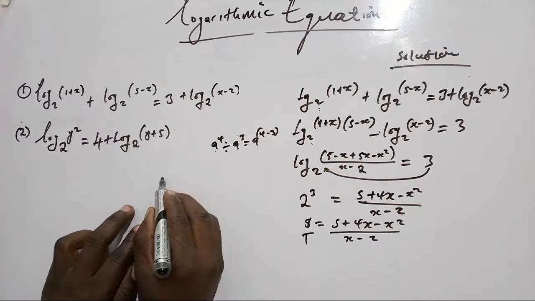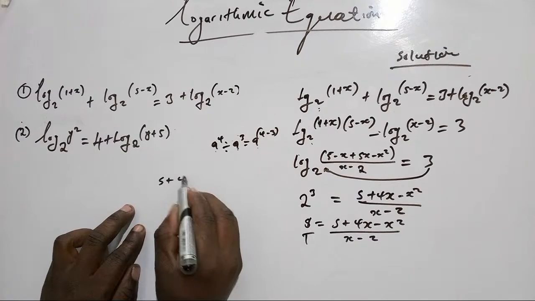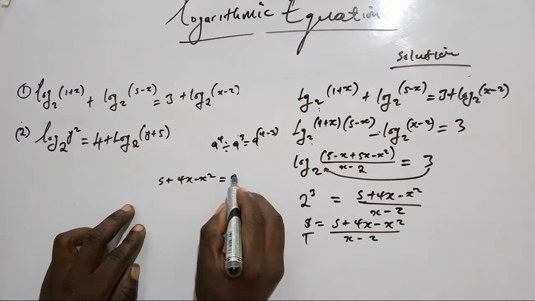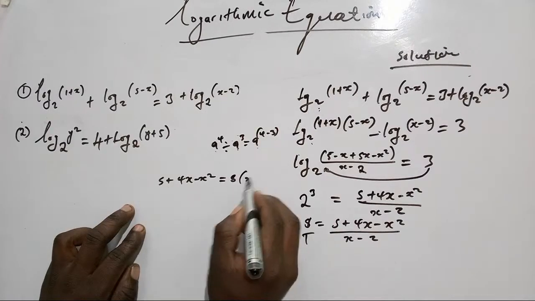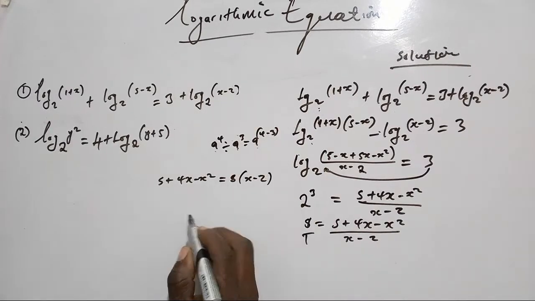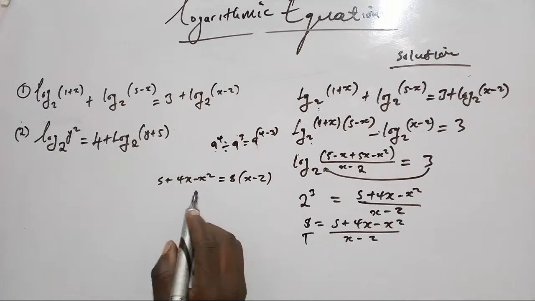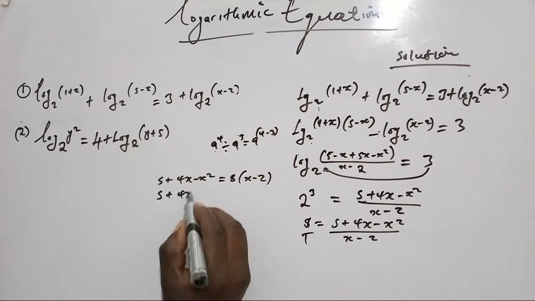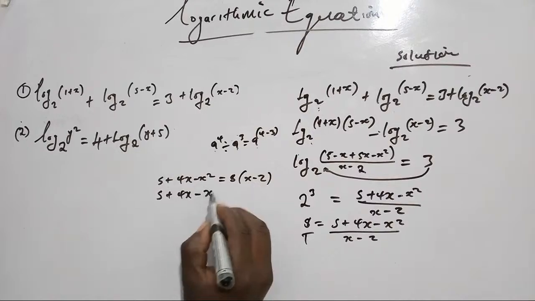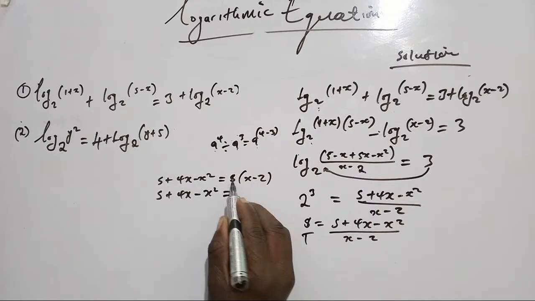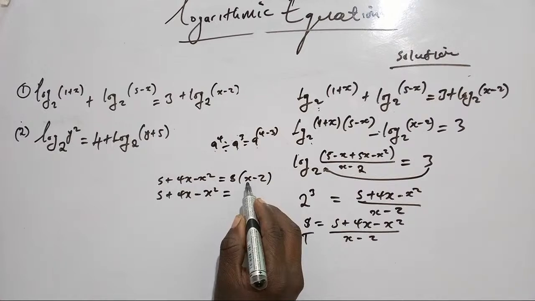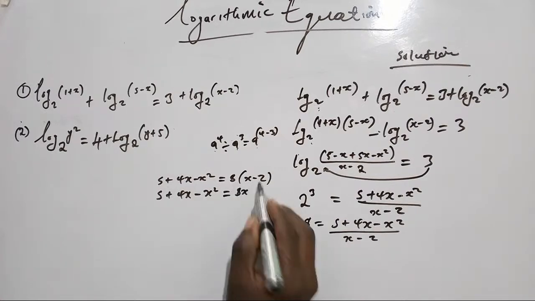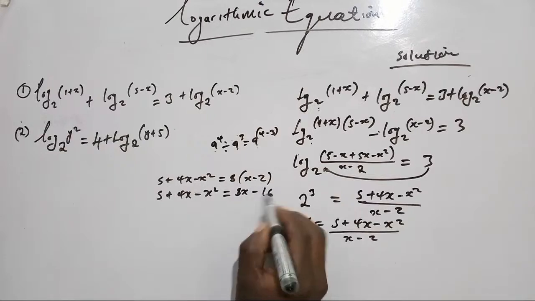Then we are going to have 5 + 4x - x² equal to 8(x - 2), right? Then 5 + 4x - x² equals 8 times x, we are going to have 8x, then 8 times minus 2, we are going to have minus 16, right?